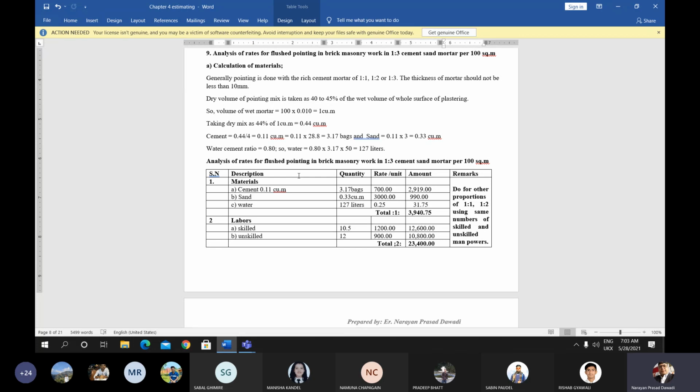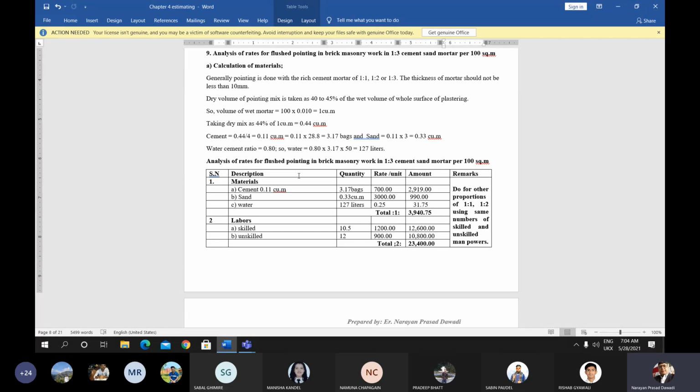But in plastering, all the masonry structure material is rendered or hidden by the plastering material. But in pointing, the inner core material of the masonry work, that is stone or bricks, can be seen from the outside. Only the bonding portion of the masonry is rendered by the pointing material, as in plastering.